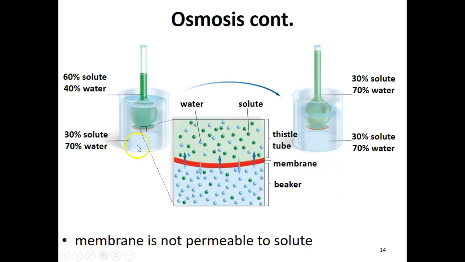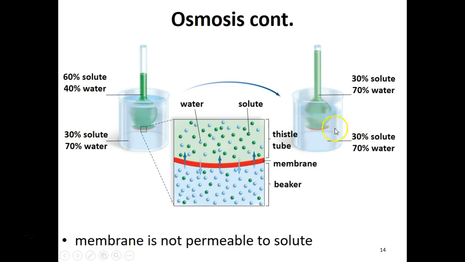Since here we have 70% water and 30% solute, and then 60 and 40 here, there's more water here, less water here. Water is going to move much more rapidly into the container until we have an equilibrium of equal water to solute ratio in the beaker and in this container.